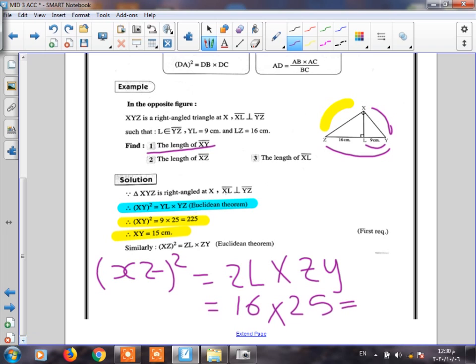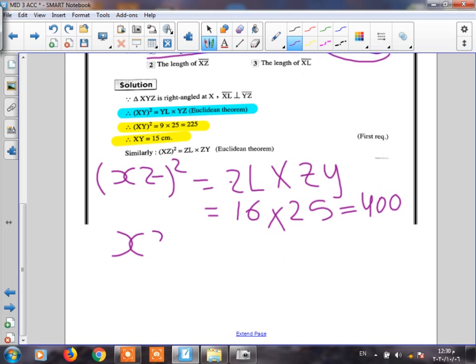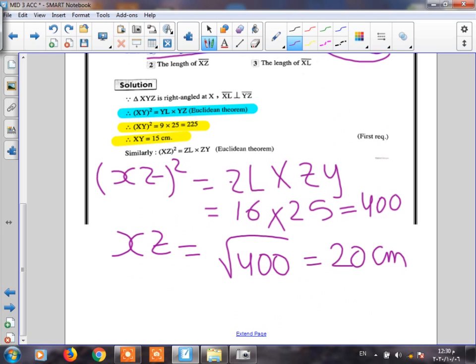I will find that it will be 400 centimeters squared, but I need XZ only, so I will make root 400 equal 20 centimeters. Okay, in this part, by the way, do I make it positive or negative? I know that it's a length, and there is no length with a negative sign, so I will refuse the negative part and I will take only the positive part.